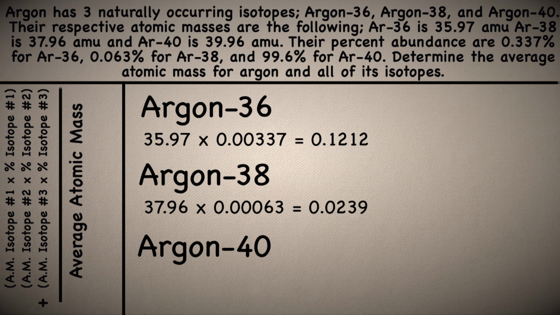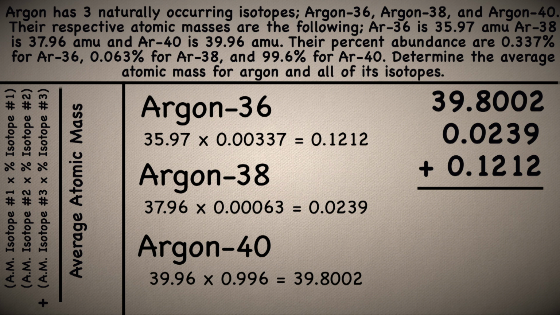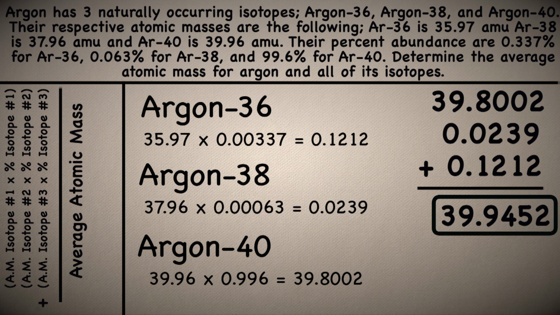Now finally for argon 40, its atomic mass is 39.96. Then we multiply it by its percent converted to a decimal, which is 0.996, and that gives us 39.8002. Now we add what we got for all three isotopes of argon, and we get an average atomic mass of 39.9452, which is close to what's on the periodic table.